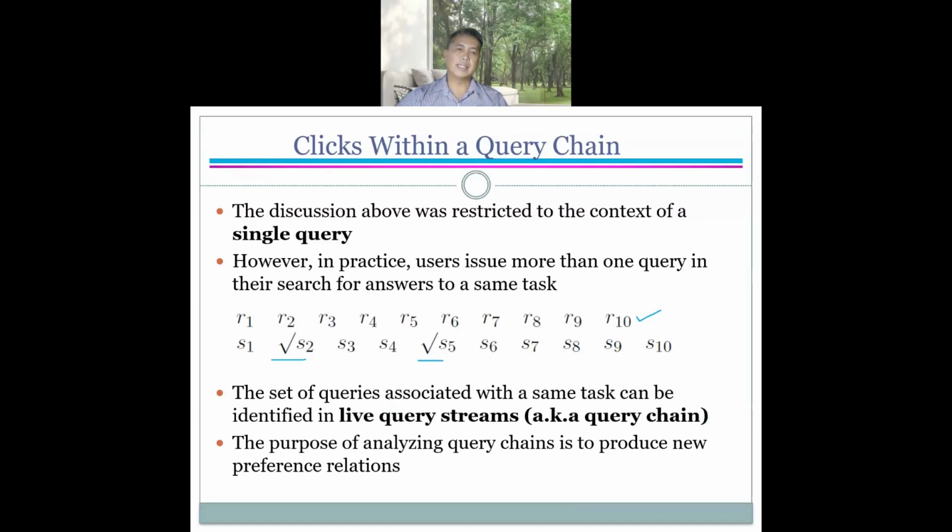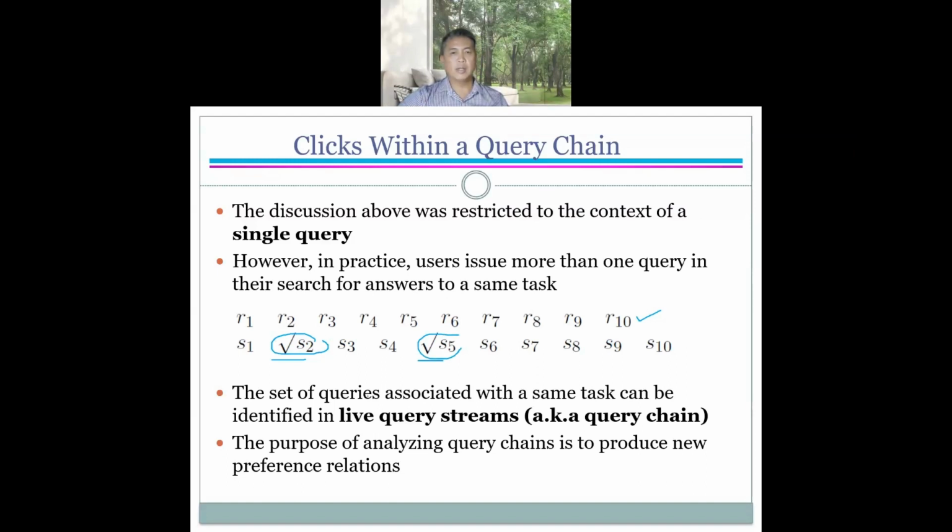The set of queries associated with the same task can be identified in a live query stream, also known as a query chain. So how do we define the relation of this relevant document with respect to all of the other documents?